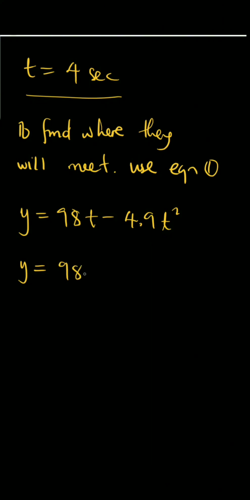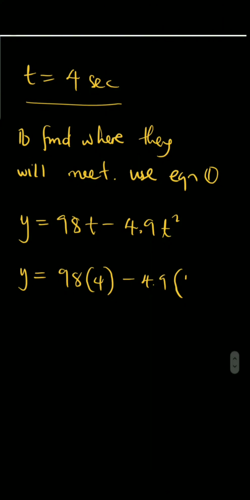We substitute t with 4. So it will be 98 times 4 minus 4.9 times 4 squared.